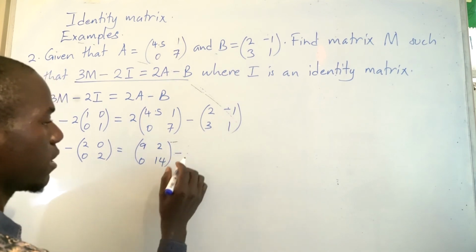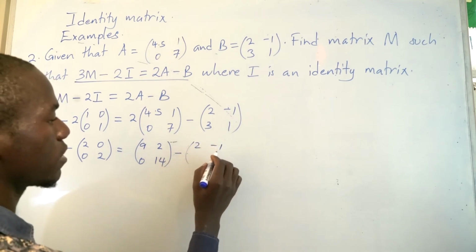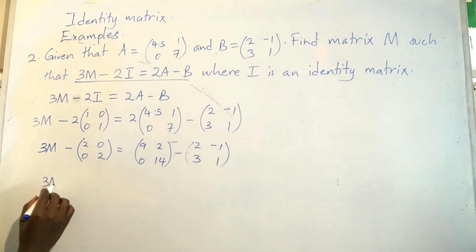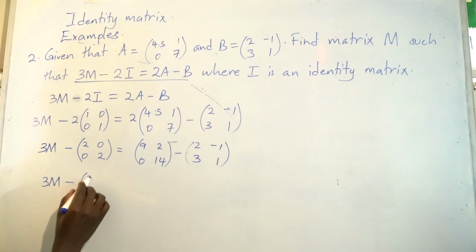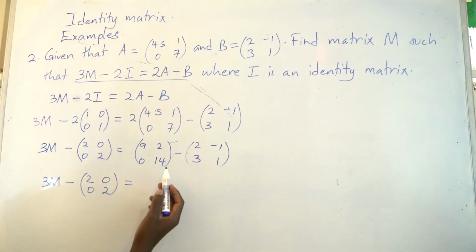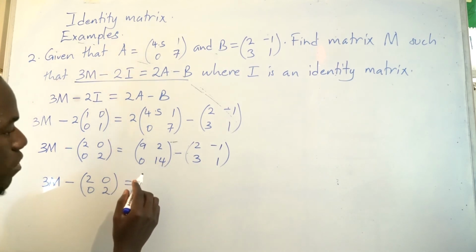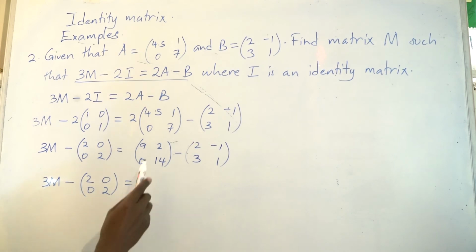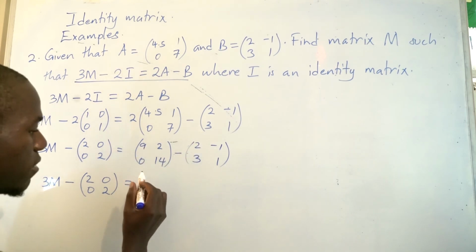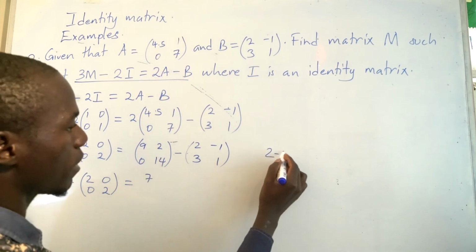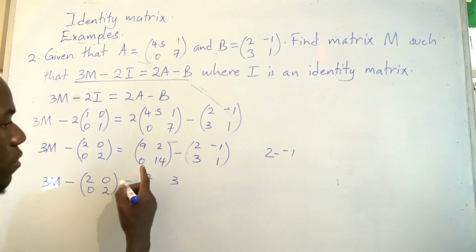Then minus a 2, negative 1, 3, 1, and then 3M minus the 2, 0, 0, 2 is equivalent to, I subtract on the right hand side. So this minus that is a 7. That one there, 2 minus negative 1 gives me a 3.